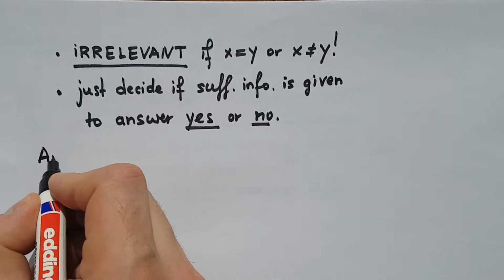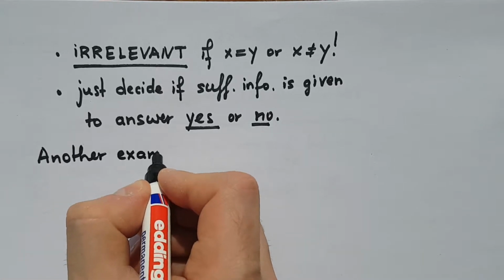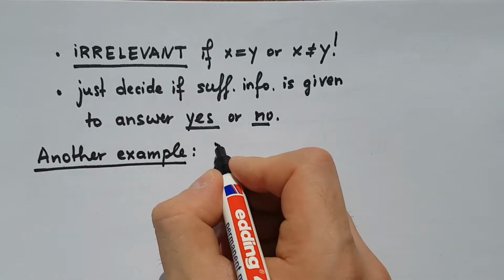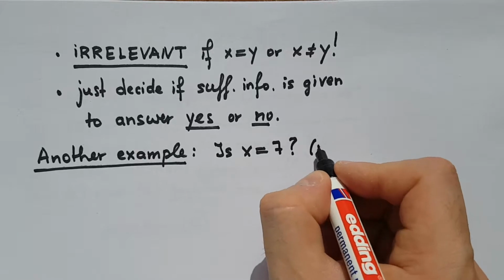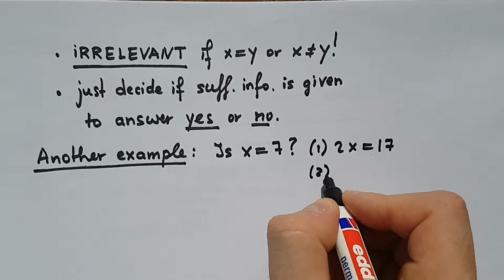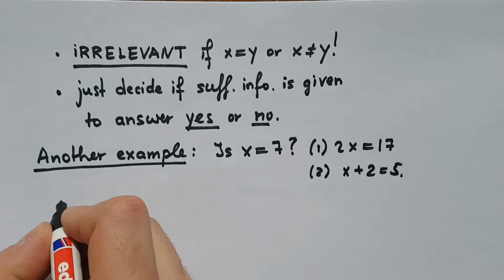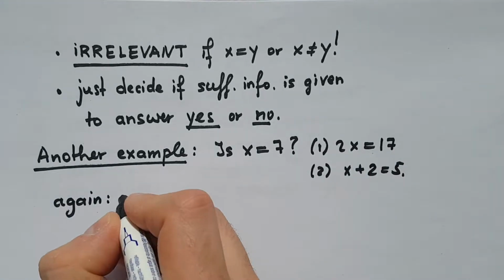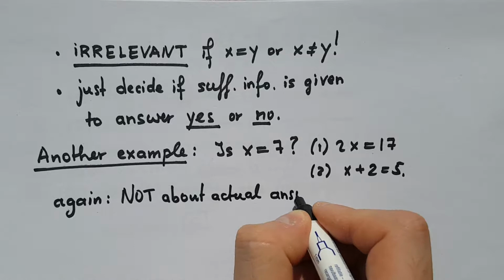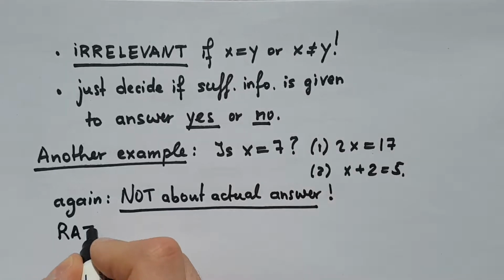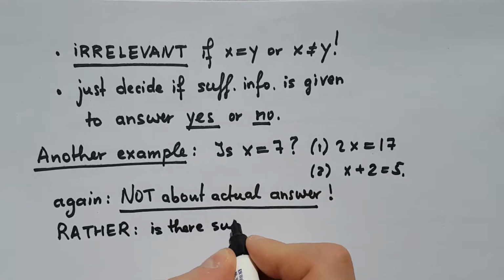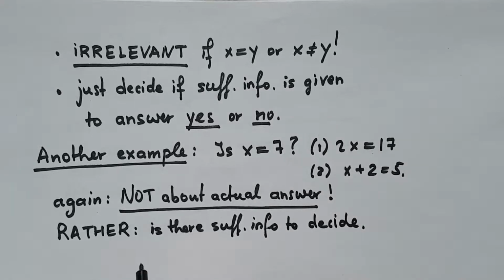Let us look at another example. You have to decide if x equals 7. Again, you're given two statements which you can use. Again, it is not about an actual answer. Rather, it's about whether there is sufficient information available to decide.